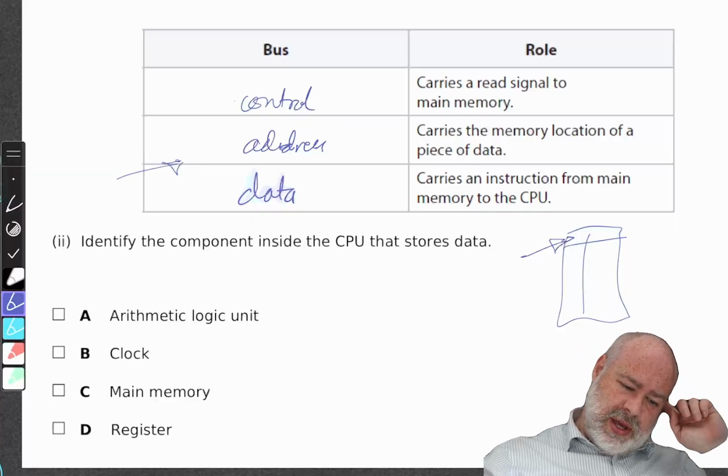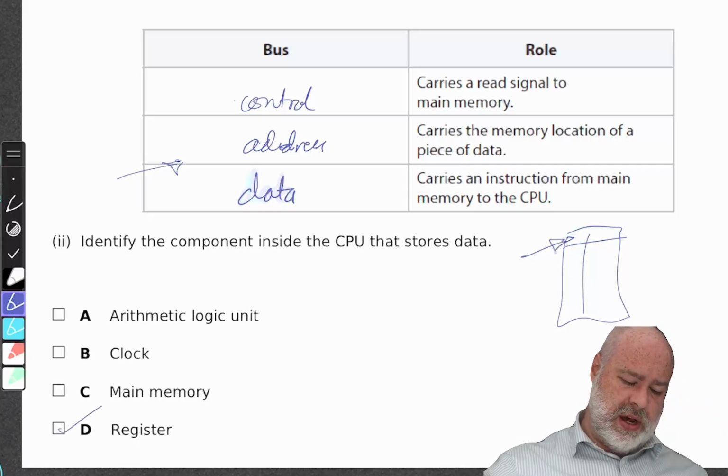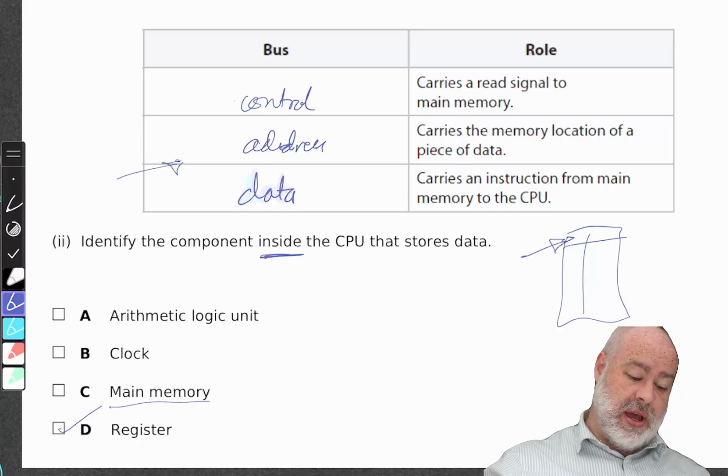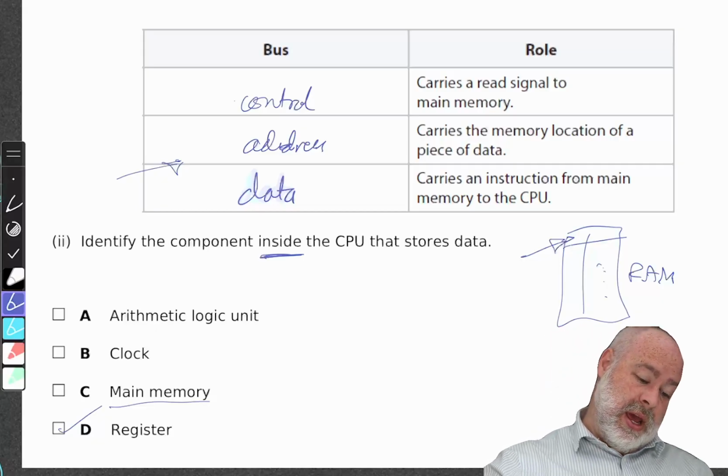Identify the component inside the CPU that stores data. Okay, so the registers are the fast acting bits of unit inside the CPU, so don't get caught up with the language there. Yes, main memory does store information. There is data in here. This is main memory, this is our RAM, but it's not inside the CPU, it's next to the CPU. You can update the RAM of your computer. ALU is inside the CPU, but it doesn't store data in that.